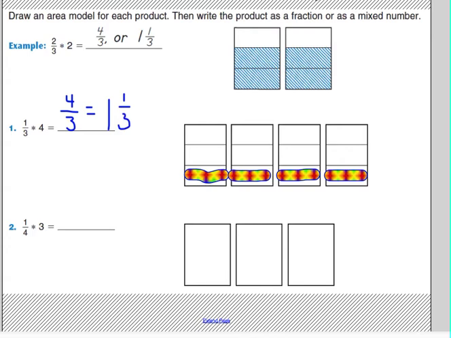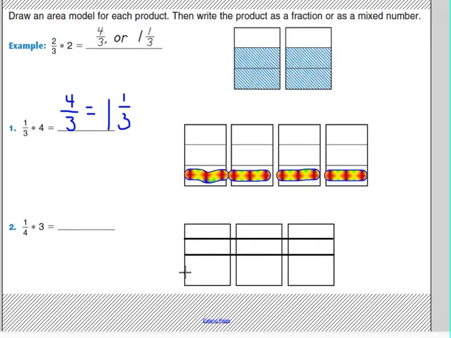Okay, and number 2, we've got 1/4 times 3. Now our boxes are not divided for us, so we have to divide it into fourths. I'm just going to quick do them all at the same time.